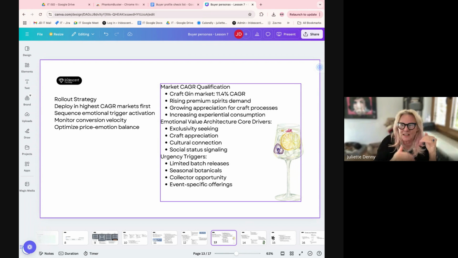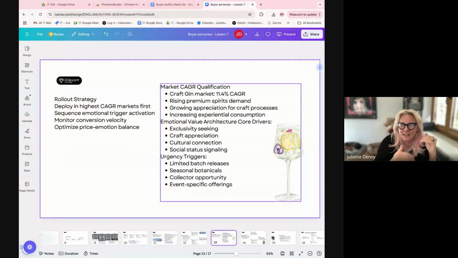They want to be seen as really understanding the value of what it means to use Andorran water or Andorran botanicals or whatever it is. And they also want that element of social status, signaling that they are able to afford this kind of luxury drink. And so how does that translate into the actual product itself?